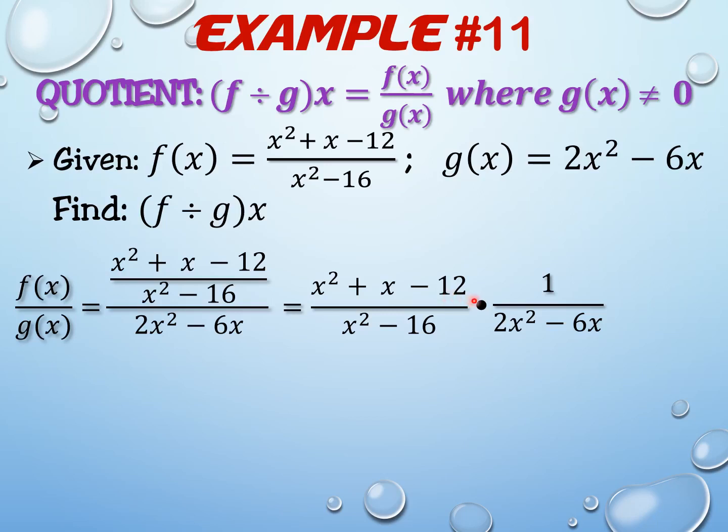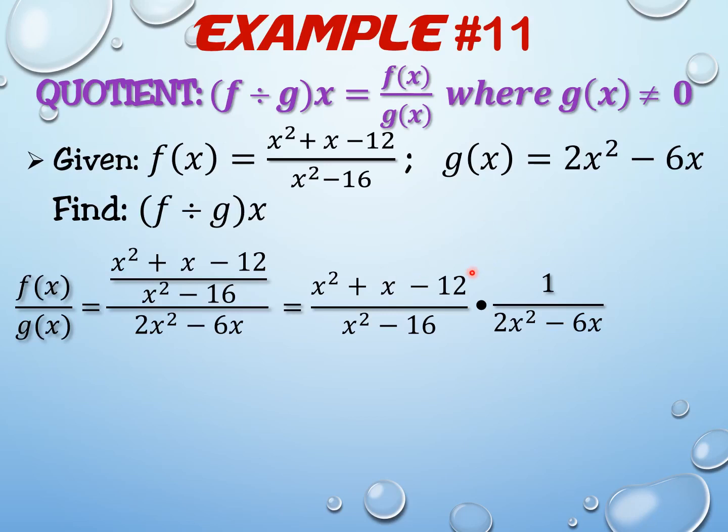Okay, so can you think of two numbers or two factors for 12? When you multiply, that will be equal to 12. But when you subtract, why do you have to subtract? Because the binomials have different signs. It will be equal to positive x. Okay, can you think of any two numbers? Okay, that will be 4 and 3.